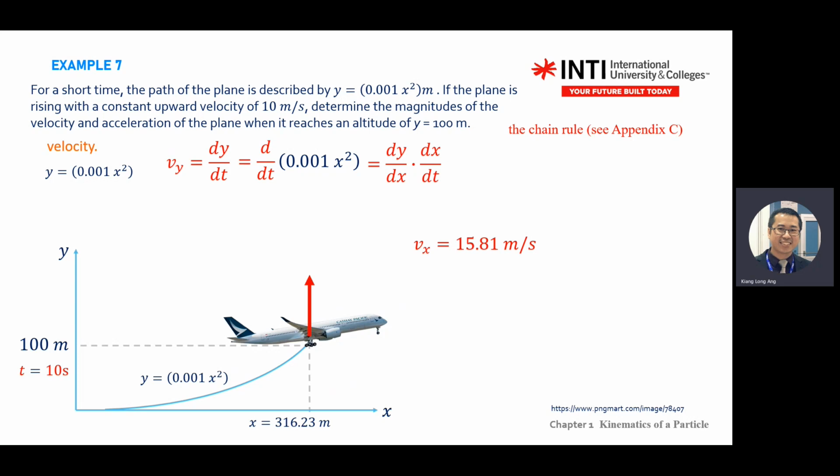For example, for previous example 6, you can continue to solve by using the chain rule if you do not have any information on the x value. So the chain rule is a solution for the question raised by your friend just now. Can you continue to do? Yes, but use the chain rule.